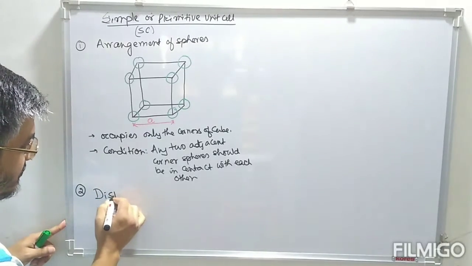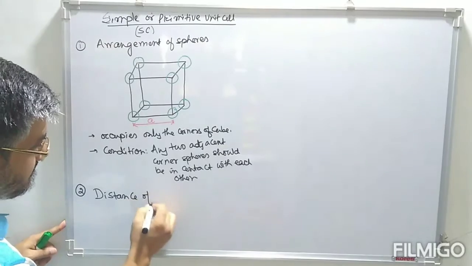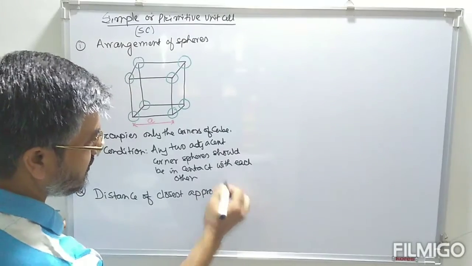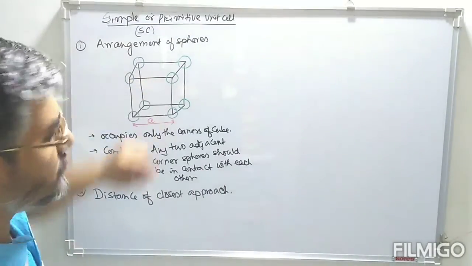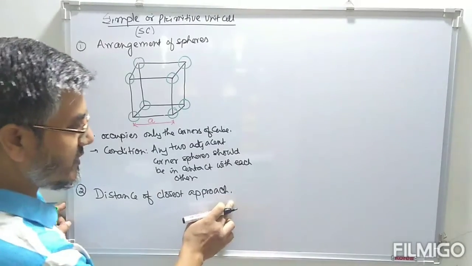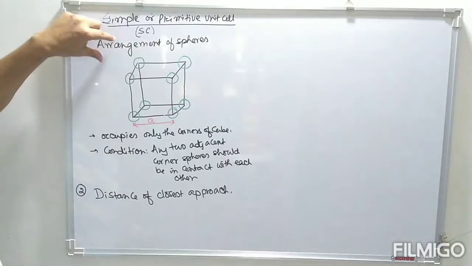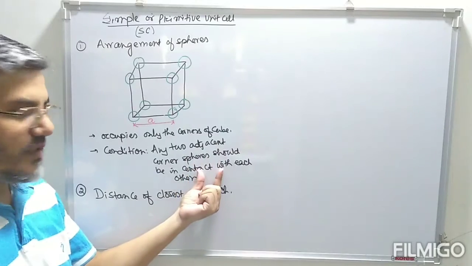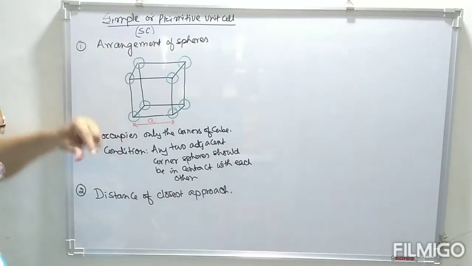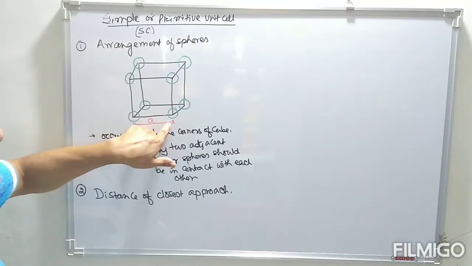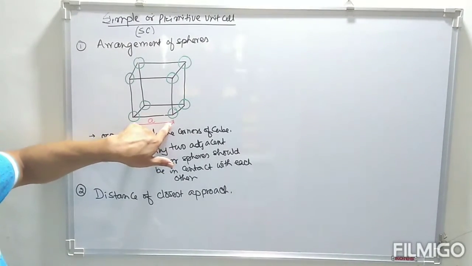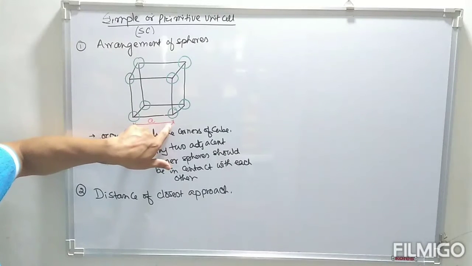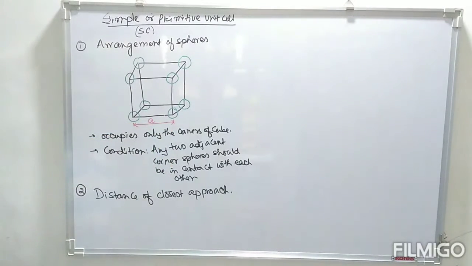Now, the distance of closest approach, or the closest distance between two spheres, is known as the distance of closest approach. While mentioning the arrangement of spheres, I gave a particular condition that any two adjacent corner atoms should be in contact with each other. So for the closest distance, take these two spheres in contact with each other. If these two adjacent corner spheres are touching each other, then the closest distance between them is equal to the edge length a.